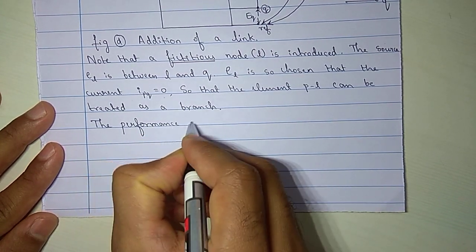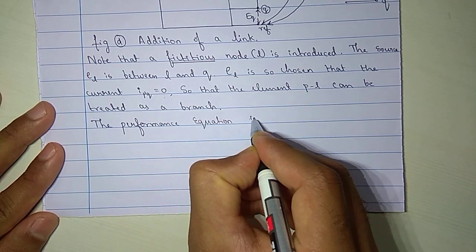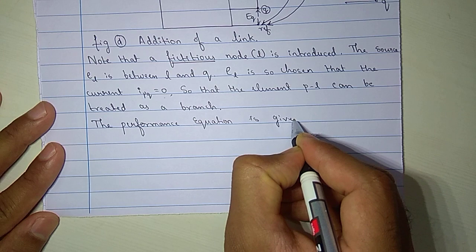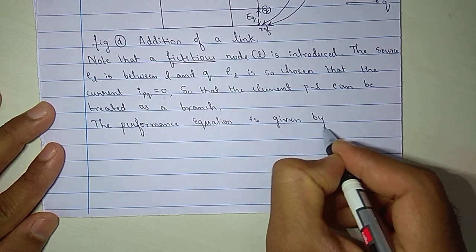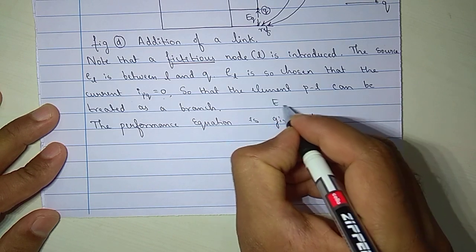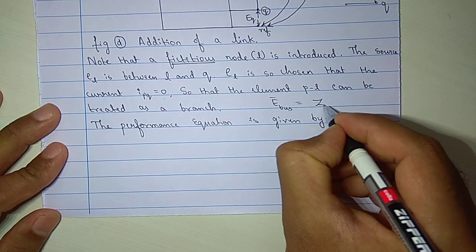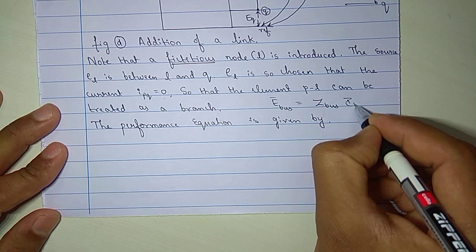The performance equation is given by, we know from the previous derivation, E bus, which is equal to Z bus into I bus.